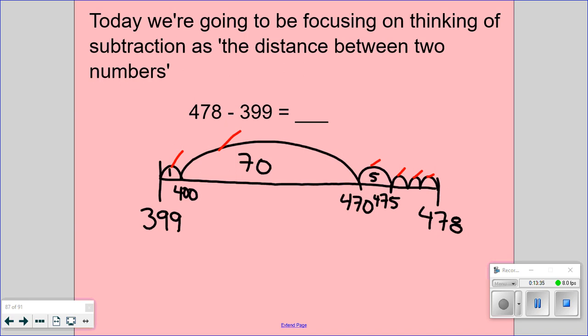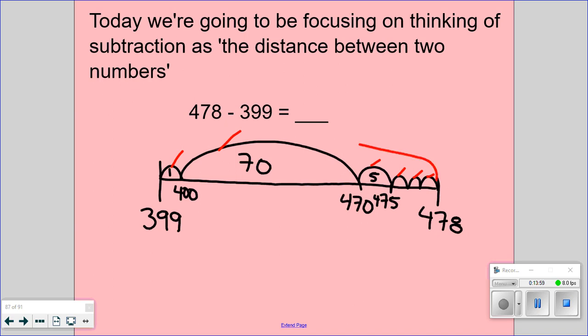How far have we gone now? Not a trick question. Bryson? 71. Plus 5 more. Carl? 76. Plus 3 more. Hello? 79.